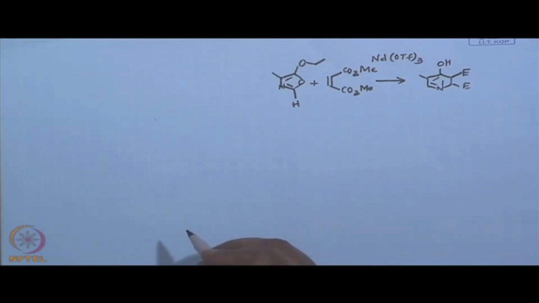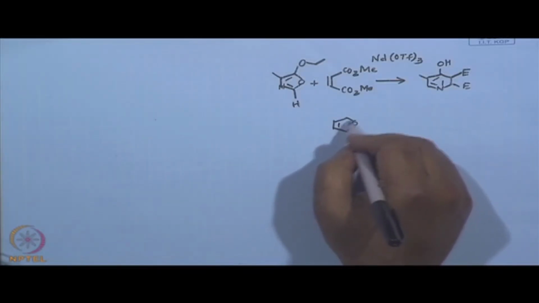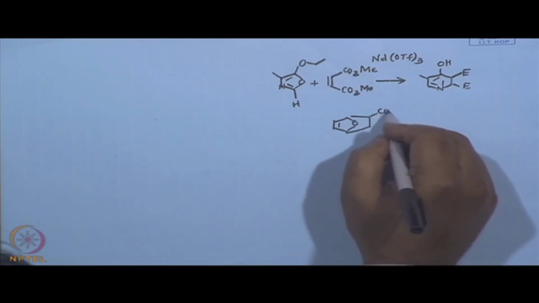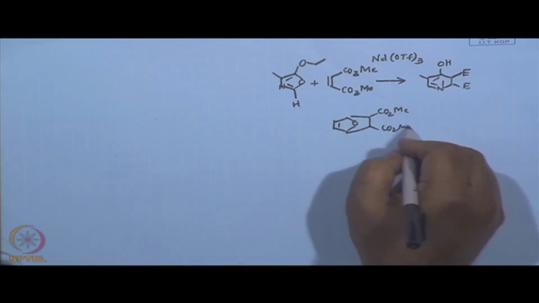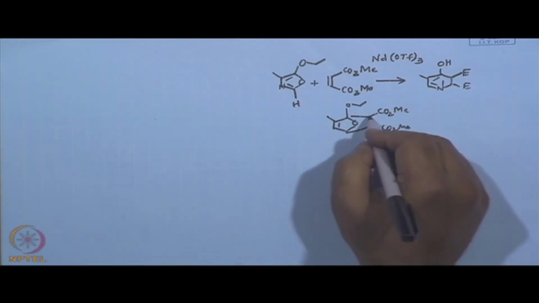Neodymium triflate, 40 mole percent. It gives you straight away this Diels-Alder followed by cyclization, no, sorry, retro Diels-Alder. If you just work out this mechanism, you will see it is not really a Kondrat'eva reaction. Finally, you have this rearrangement taking place in the presence of acid.